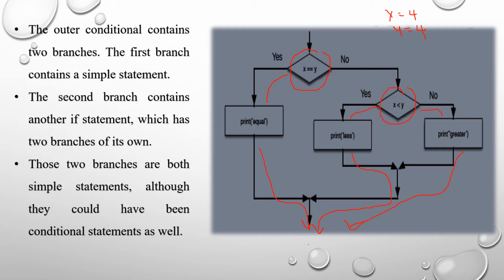So let's consider one more example. x is equal to 5 and y is equal to 4. Here the first condition is x double equal to y. The input values are 5 and 4, so this condition is false.